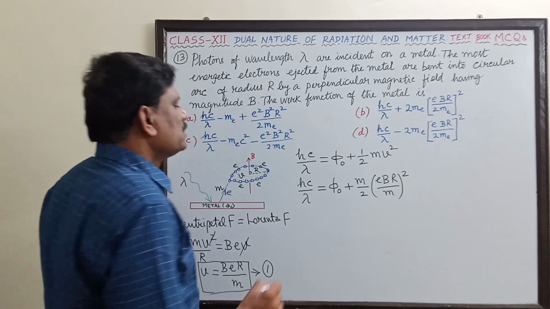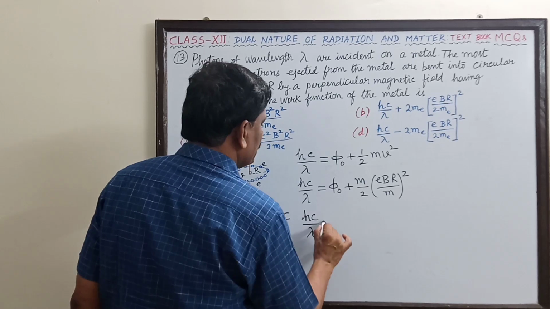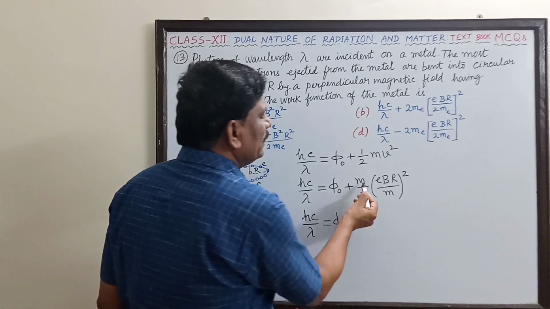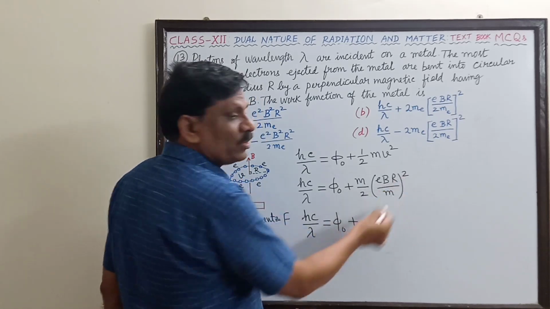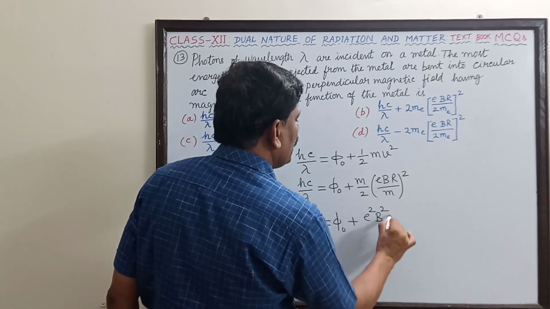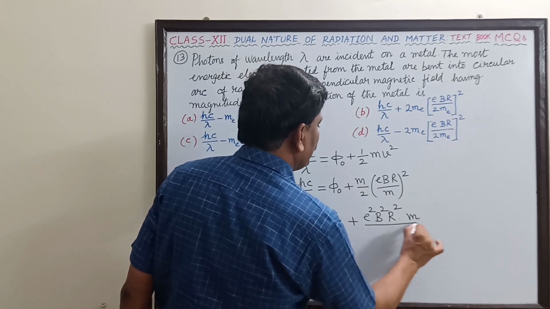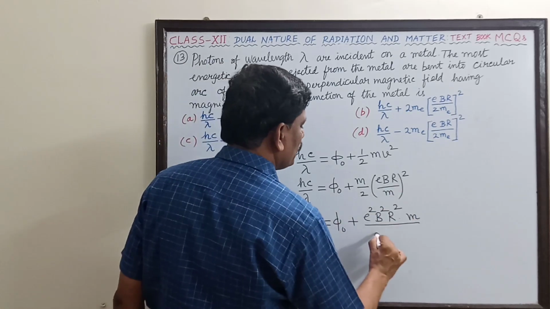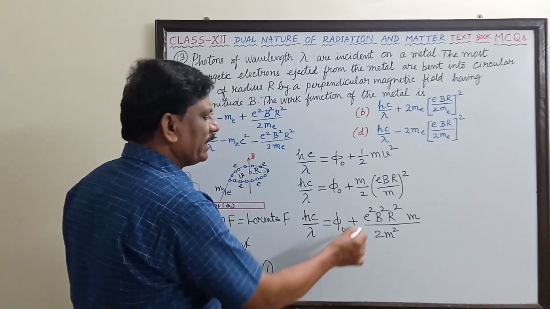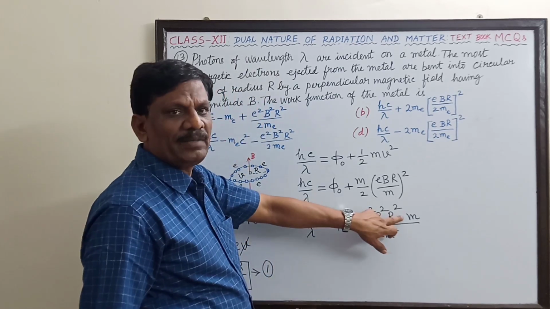So hc by lambda is equal to phi naught plus this m can be cancelled with this m squared. So this is e squared B squared R squared into m divided by 2 m squared. Once again I am adjusting here: in the denominator and the numerator I will multiply by 2 once again.